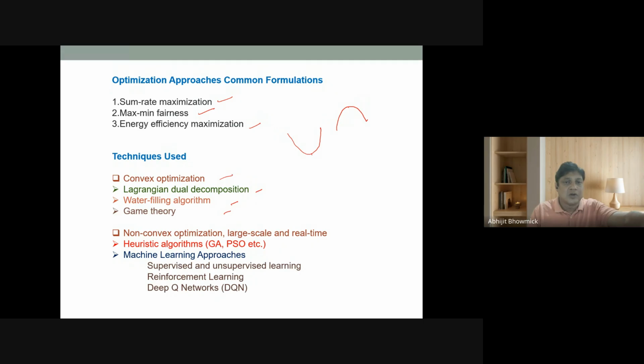Whereas in non-convex optimization cases, we use heuristic algorithms like genetic algorithm, PSO, and machine learning approaches. Right now, all over the world, they are working on that. There is supervised, unsupervised learning, reinforcement learning, deep Q networks. Among all these, I will discuss one or two only, so that you can get some idea.